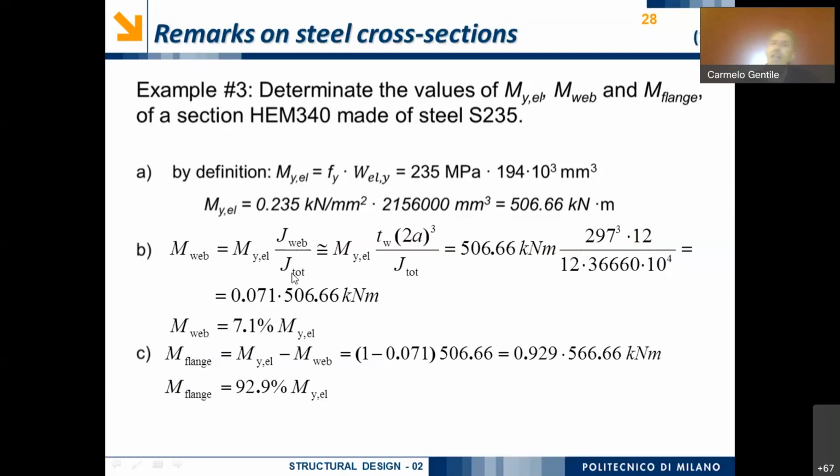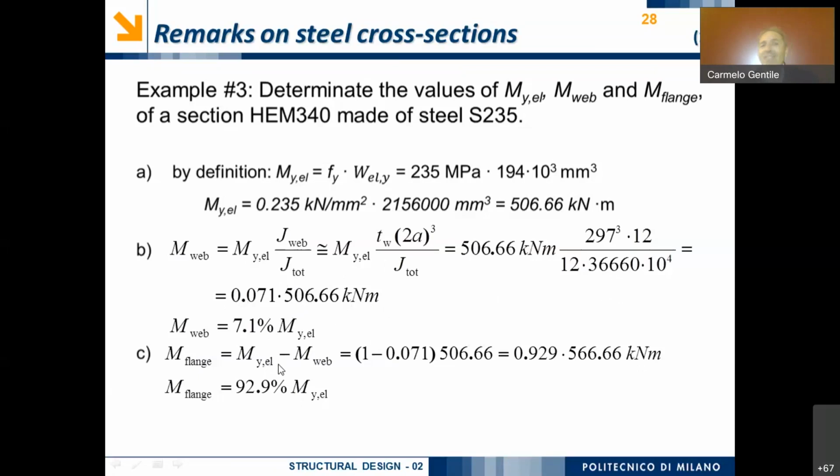Over the total inertia moment. The total inertia moment is given by the tables on the profile cross-section, okay? And so I will obtain 0.071 times 506.66 kilonewton meter.